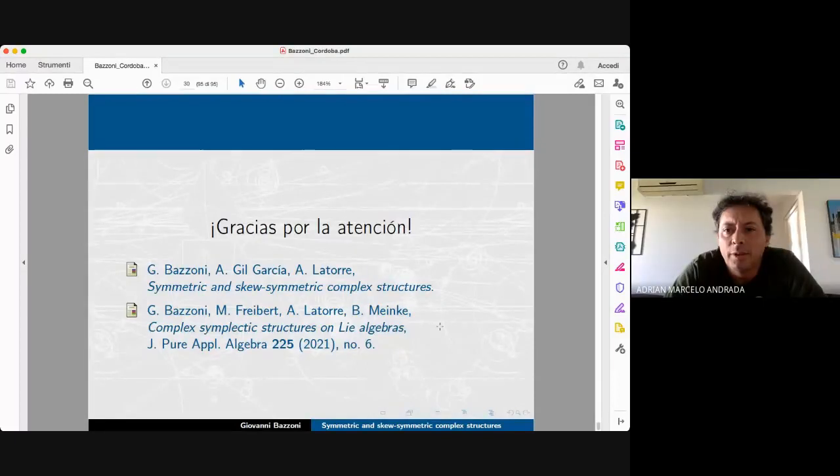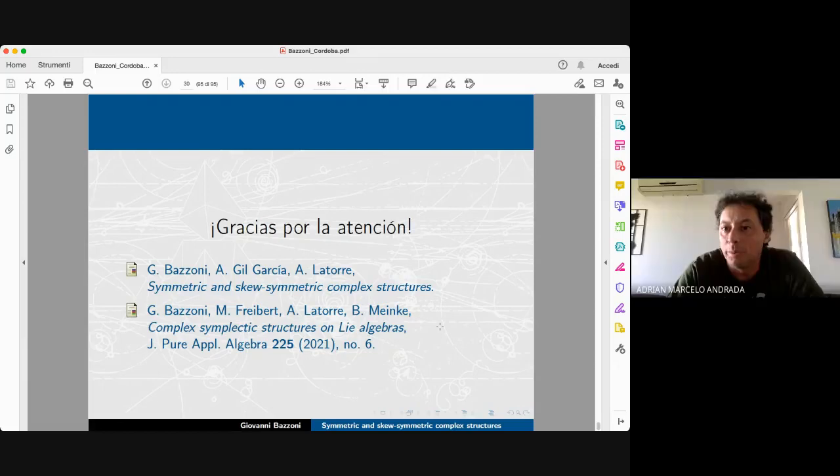For the complex symplectic case, have you studied some related Hermitian metrics to these complex structures? Which kind of Hermitian metric can you obtain? No, we haven't. Maybe forgetting about the symplectic structure, because in any case you have a manifold with a trivial canonical bundle.